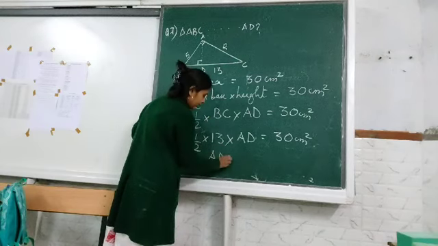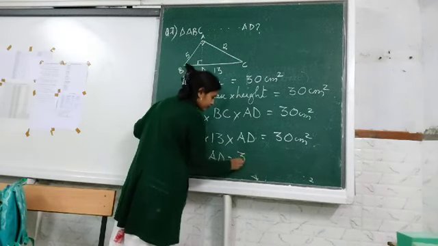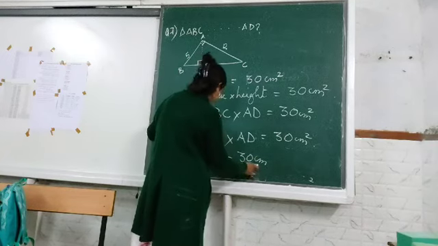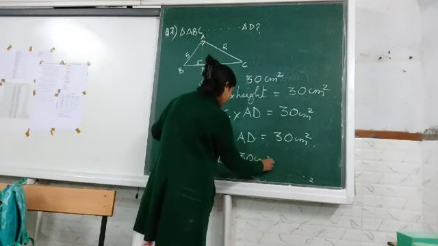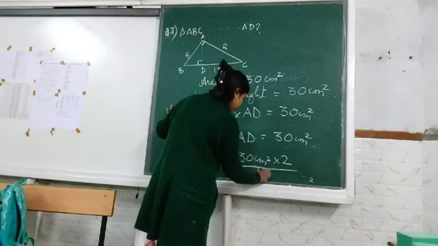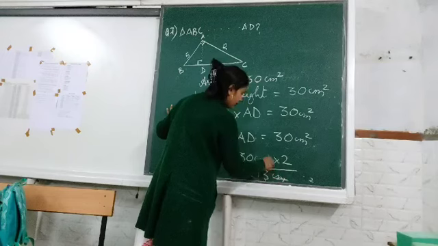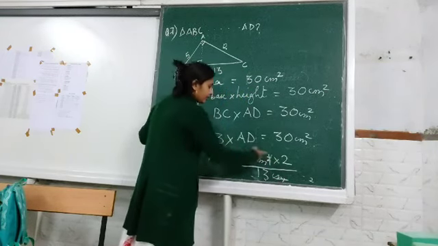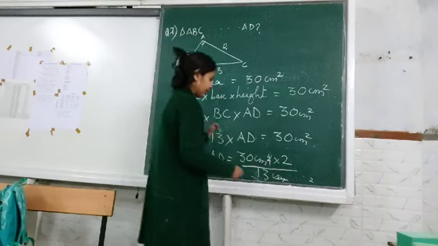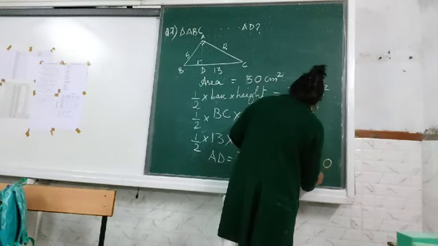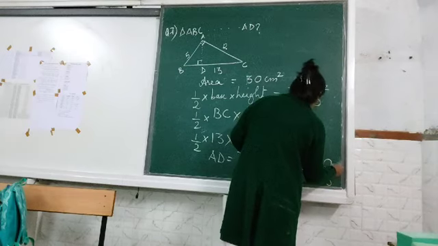So AD is equal to 30 centimeter square into 2 by 13 centimeter. Centimeter and centimeter get cancelled. What is left? 30 into 2 by 13. 30 twos give us 60 by 13 and 1 centimeter.